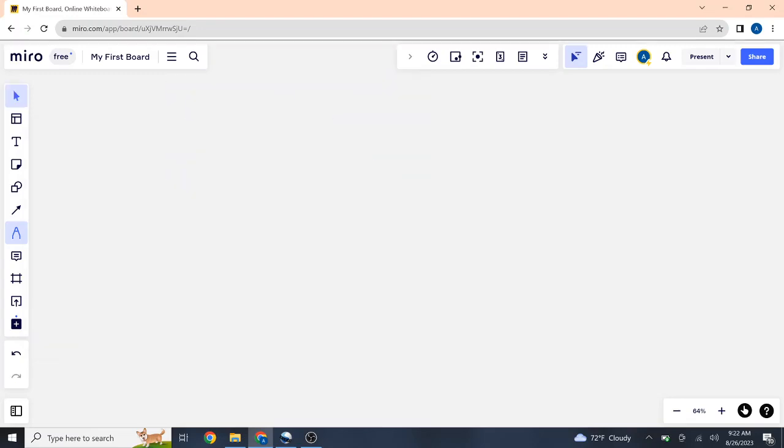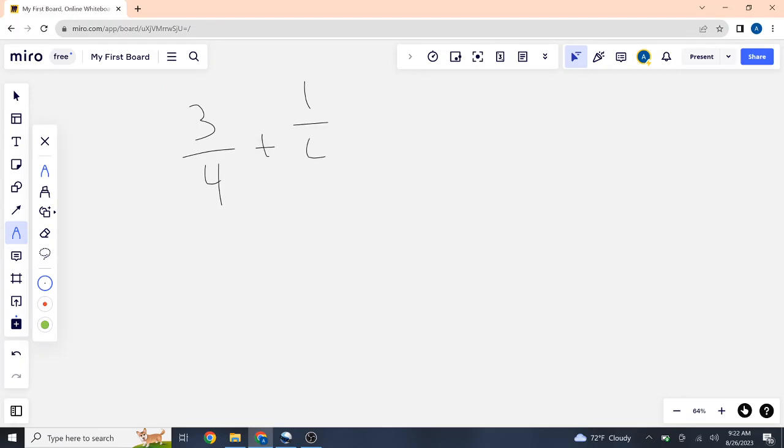Let's look at a different simple example, something like 3/4 plus 1/4. Again, our denominators are the same. They're both 4. So my answer is going to be something over 4. And now all I need to do is add the numerators. So 3 plus 1 equals 4.